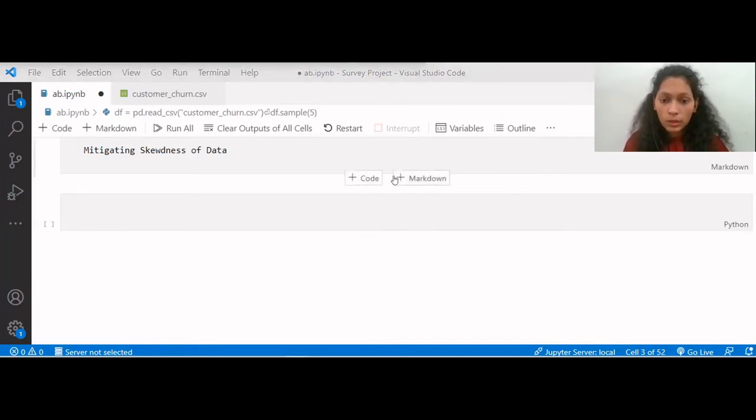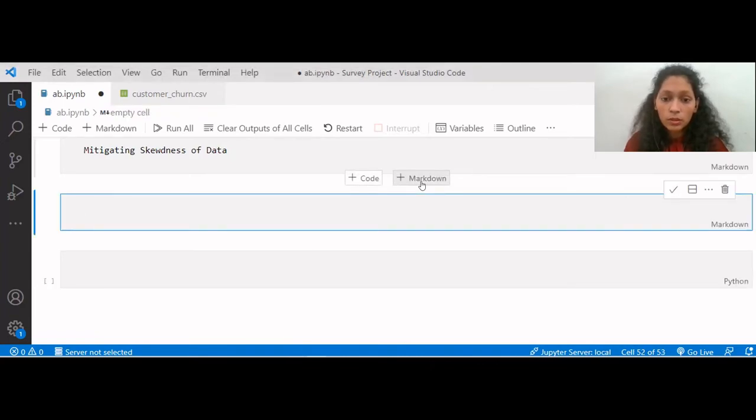So now I have shown you the data set, the training model, and the difference between the F1 score and the precision. Now we are going to balance this imbalanced data set. Method one would be undersampling.